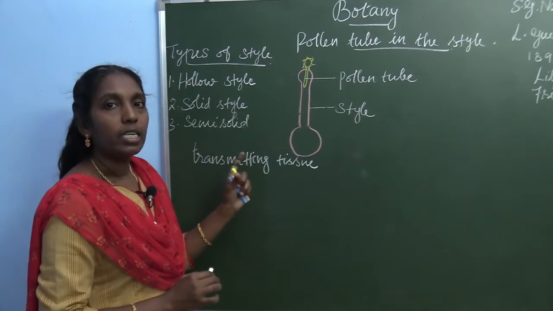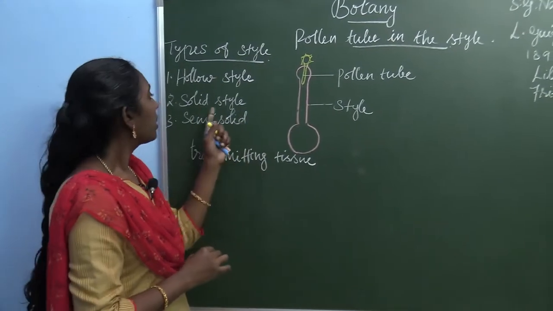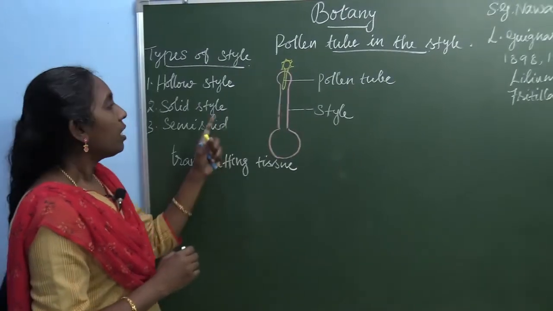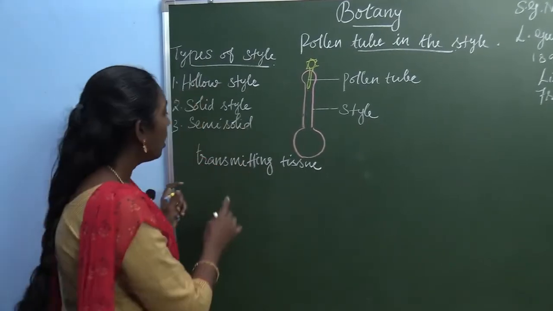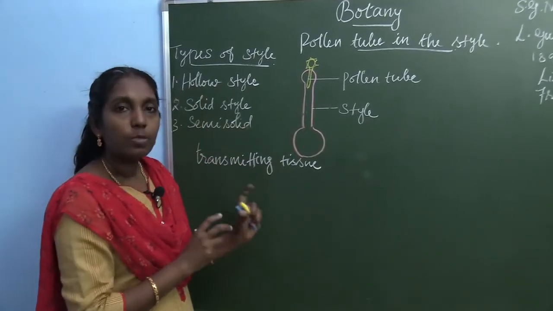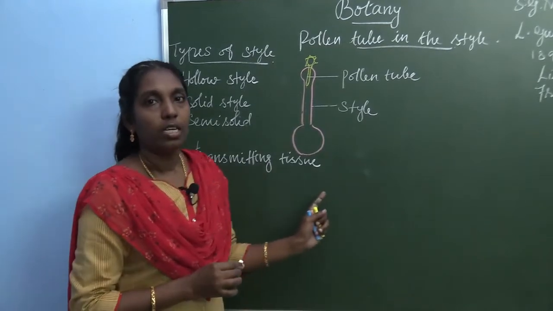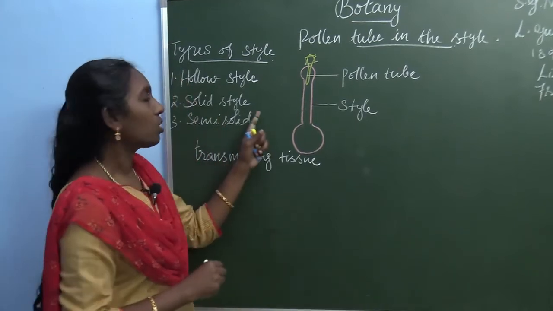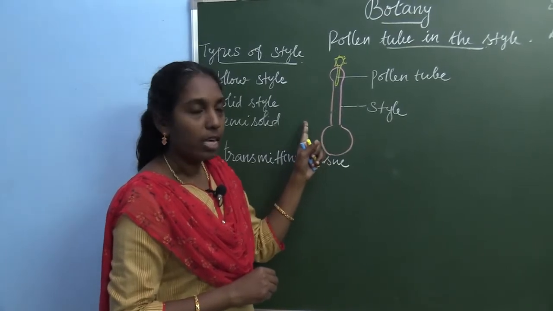This type of style is common among monocots, but the second type of style is common among dicots. It's characterized by a central core of highly specialized cells called transmitting tissue. The transmitting tissue is the specialized characteristic feature of this solid style, which is otherwise called closed type of style.